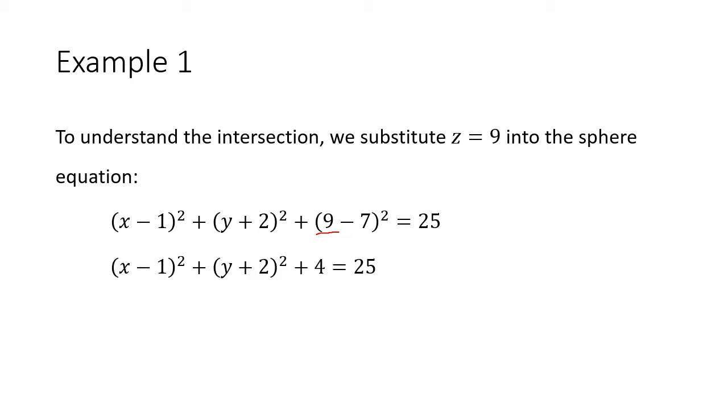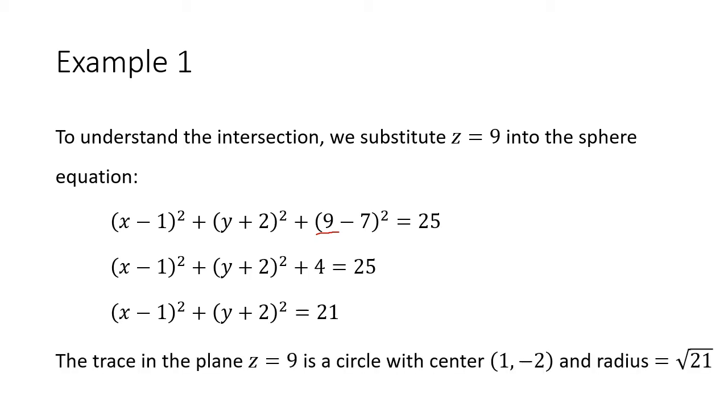If I subtract 4 from both sides, now I have x minus 1 quantity squared plus y plus 2 quantity squared equals 21. Because I took college algebra, I know this is the equation of a circle. So the trace in the plane z equals 9 is a circle centered at x equals 1, y equals negative 2, with a radius of the square root of 21.